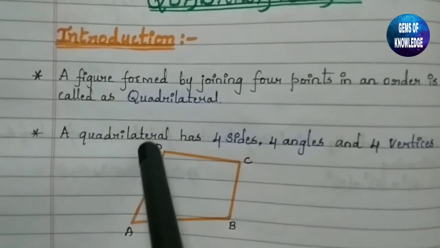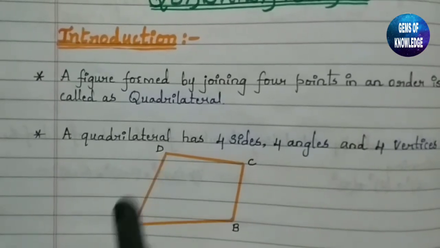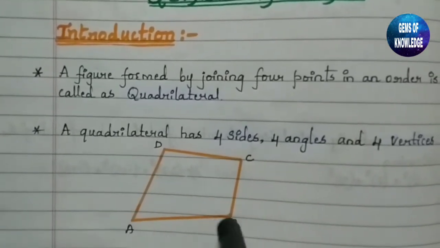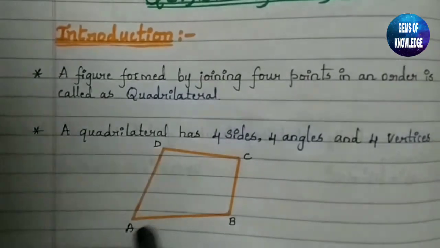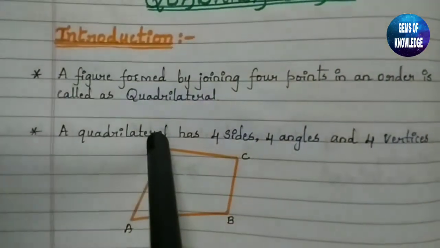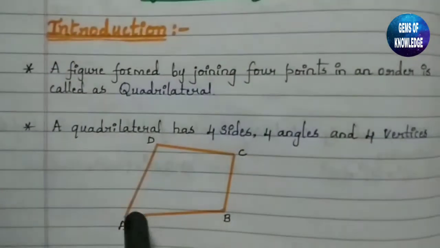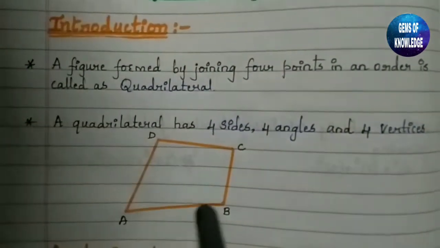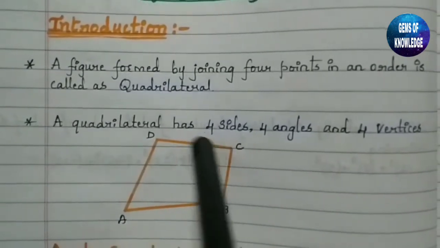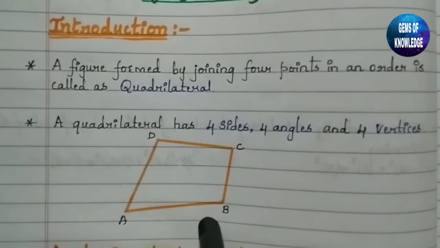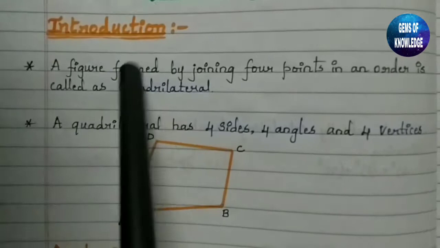It is formed by joining 4 points. These are the 4 points, that is A, B, C and D. This figure has been formed by joining 4 points in order. So A, B, C and D, this is in order, and the figure formed by joining all 4 points in order is called a quadrilateral.